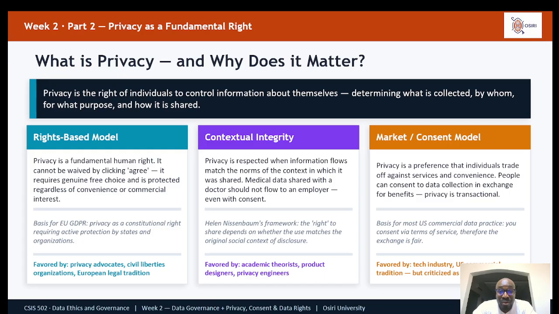Now let's look at the contextual integrity. Privacy is respected when information flow matches the norm of the context in which it was shared. Remember what we looked at last week, the Facebook issue by Cambridge Analytica.